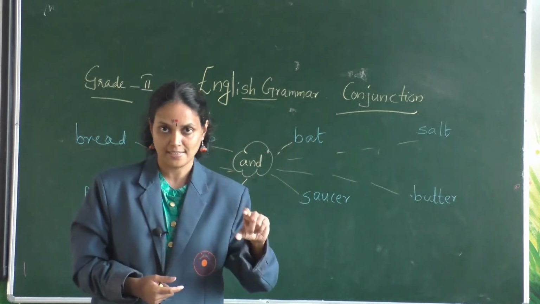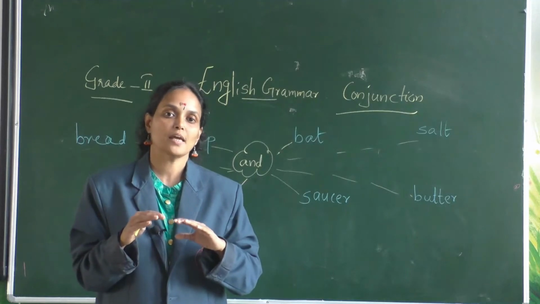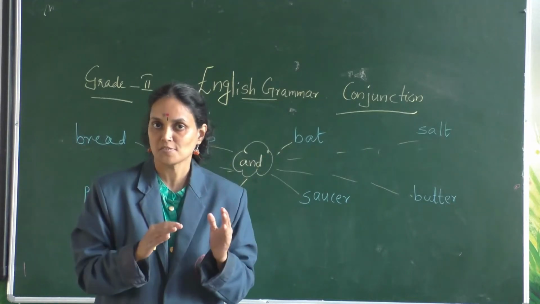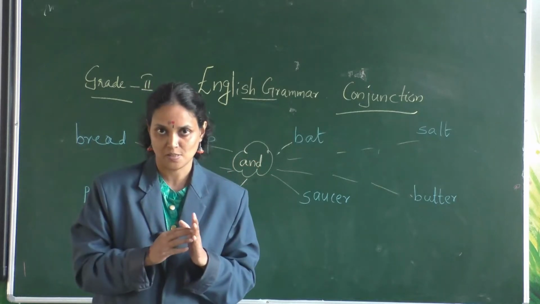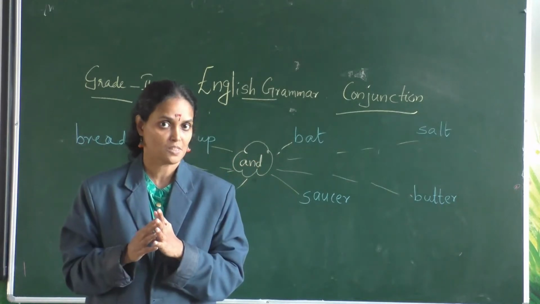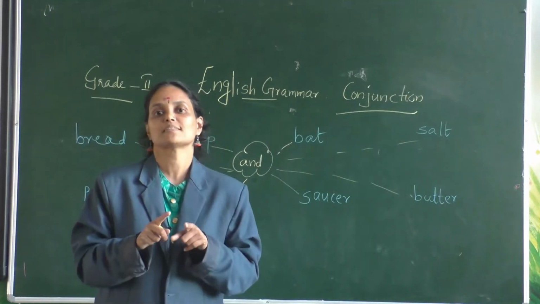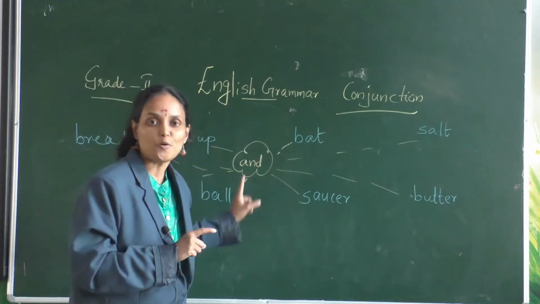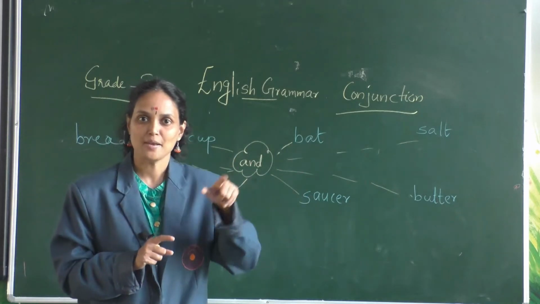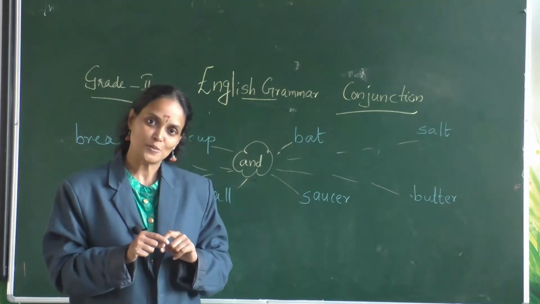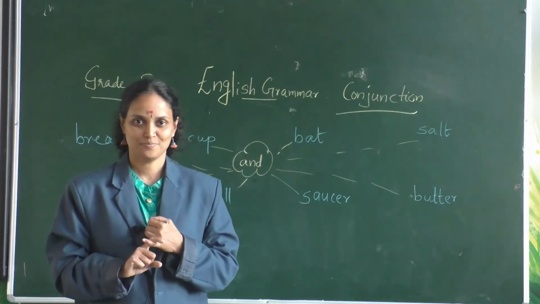So, two different sentences having the same quality, here the sentences are in positive sense, right? They are positive sentences. So, two positive sentences or two negative sentences sometimes can be joined together using the conjunction and. Two positive words, chair and table, bread and butter, can also be combined by using the conjunction and.